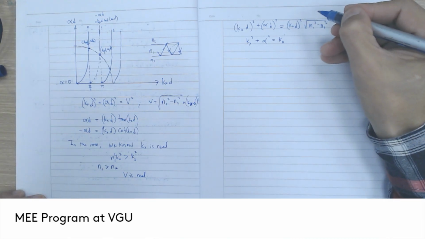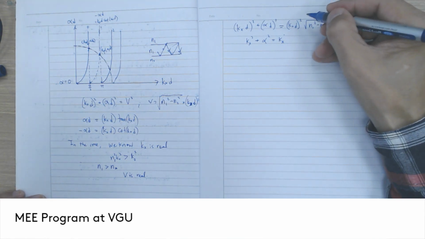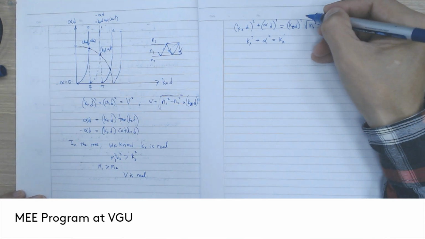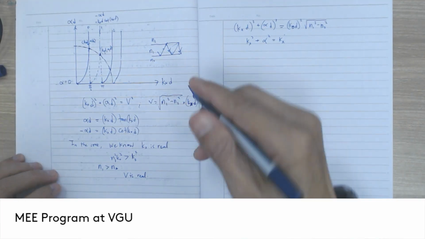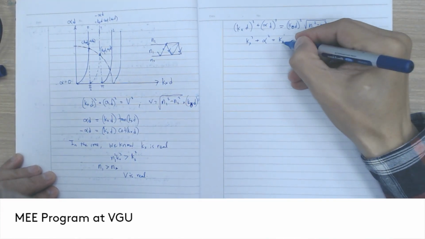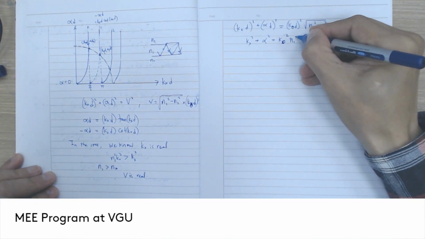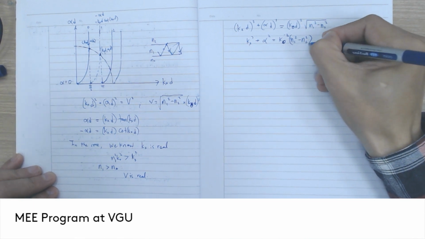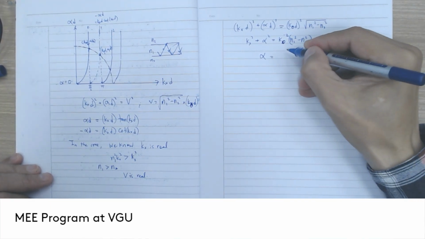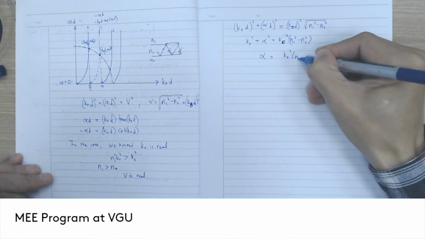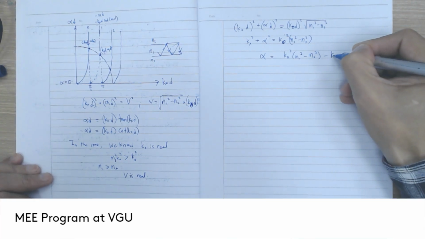let me see. I think here is no, yeah. It cannot be 0, yeah, no. So this is no. So alpha is equal to the square root of k naught square n1 square minus n2 square minus kx square.